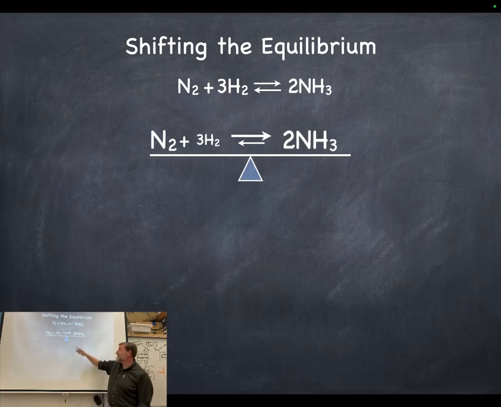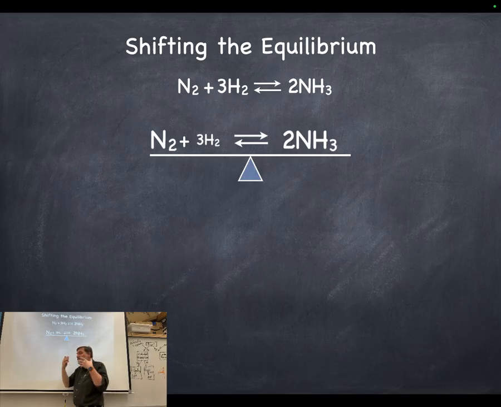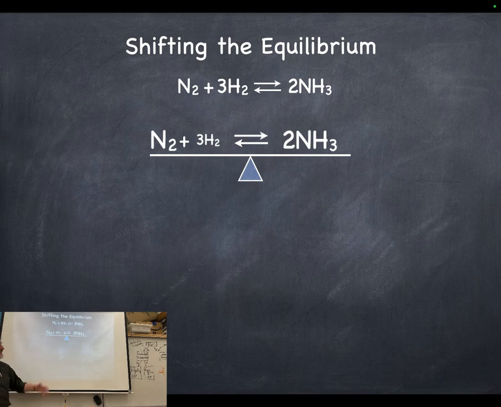So the reverse rate speeds up and the forward rate slows down until we come back into balance. So when you make a change, when you stress a system at equilibrium, the system reacts in such a way to undo, to minimize the change that you make.